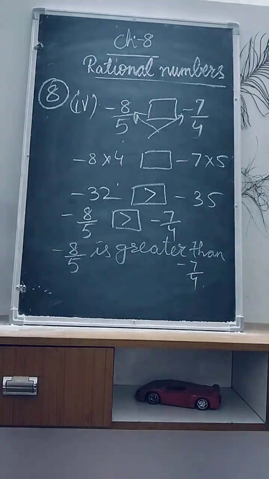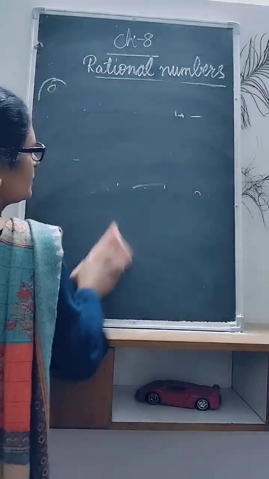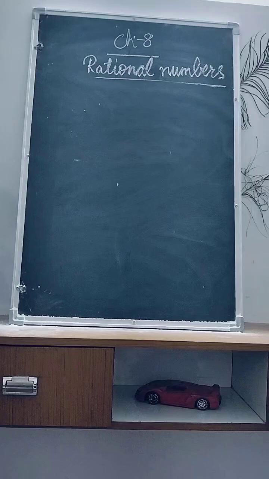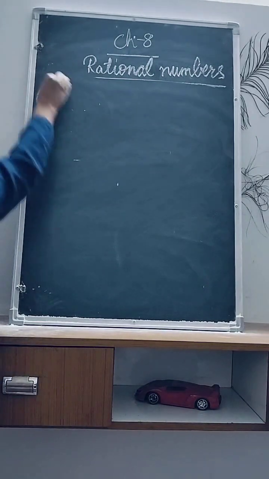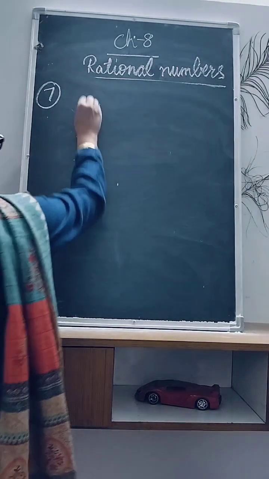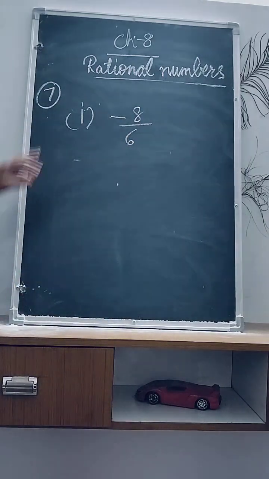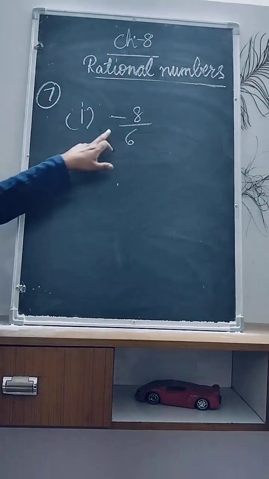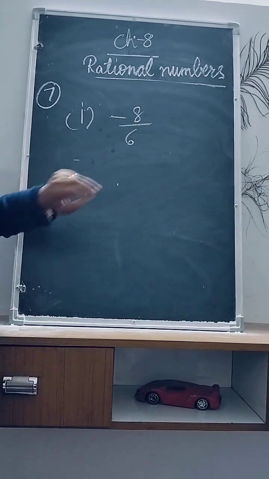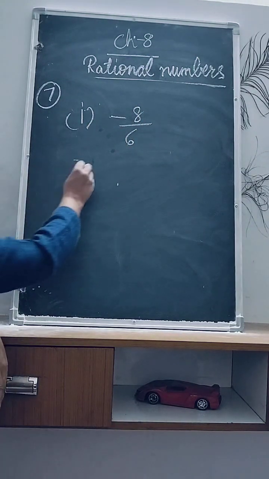So this is how you can solve this exercise. Now question number 7, which I have left in between. So let us do that also. What has been told in question number 7? Rewrite the following rational numbers in simplest form. We have to write minus 8 upon 6. Both these numbers, 8 and 6, come in the table of 2.